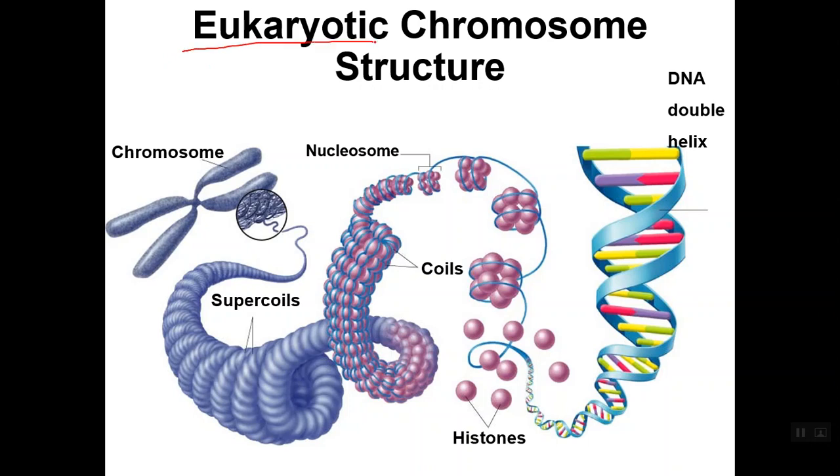So in eukaryotes, here's what you're probably a little more familiar with, your typical, in this case, double-stranded chromosome. So this chromosome has already copied itself. So if you want to throw some more vocab in, that would be a sister chromatid. Right, as would the one right next to it.